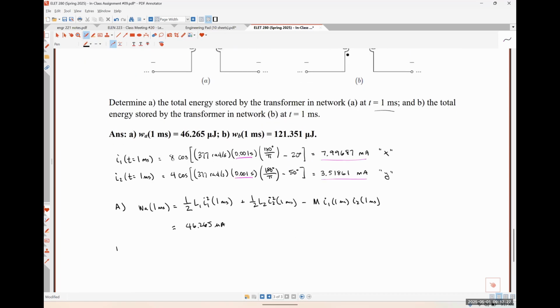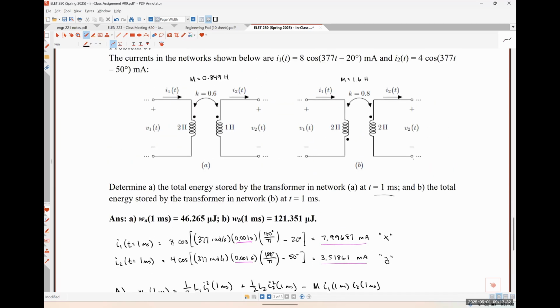For part B, we've got a situation where we have dots on opposite sides, current flowing in to our first coil and current flowing out of our second coil. So what do you think this is going to be? It's going to be plus M, because essentially we have current flowing into not dot on both sides.